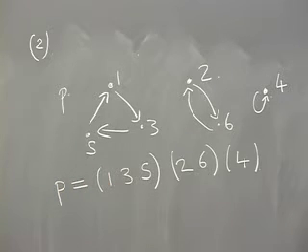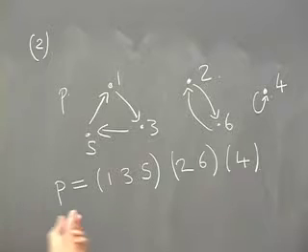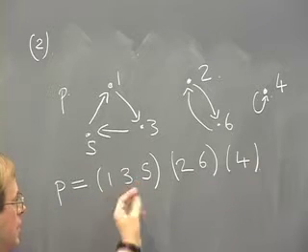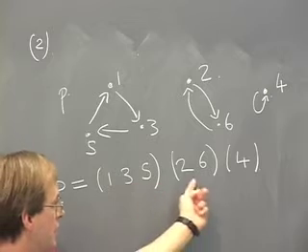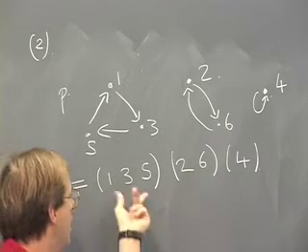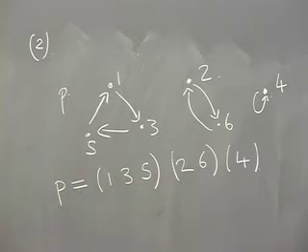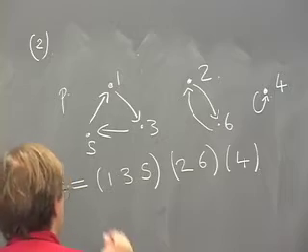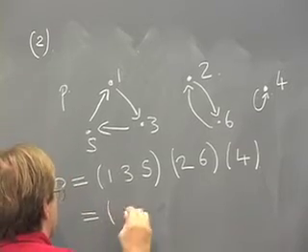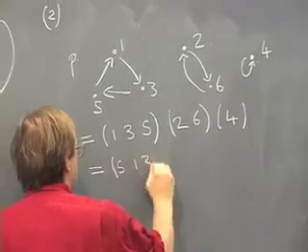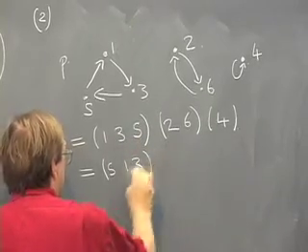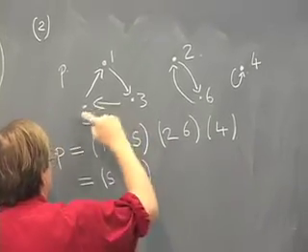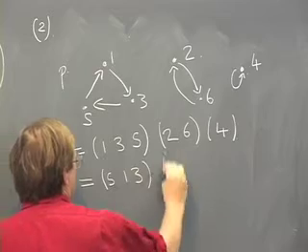And there's a certain amount of ambiguity when you write this. Well, there's not a unique way of writing P in cycle notation. I can put the cycles in different orders, and within each cycle, I can rearrange the order of the letters. So I could also write this as 5, 1, 3. I can cyclically permute these, because 5 goes to 1 goes to 3. Depends where in this triangle I start.